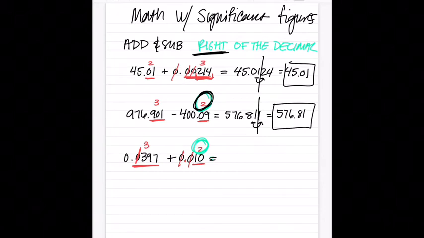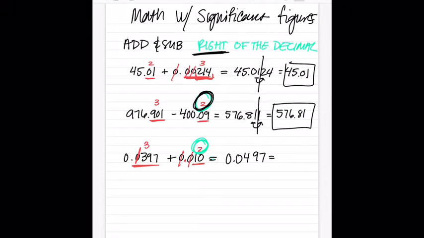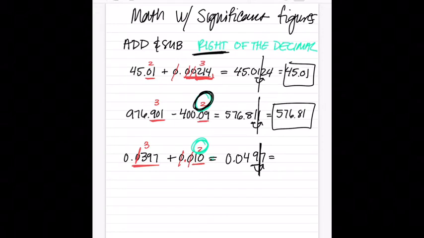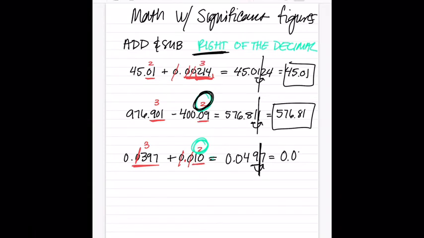So the real answer in the calculator is 0.0497. And so what we're going to do is, because we're recording it to 2 significant figures, we're going to go to the second one. That's where I'm going to stop. I look at the one after it, that is above 5. So that means that 9 needs to go up. Well, the next step up is 5. Now, 0.050.